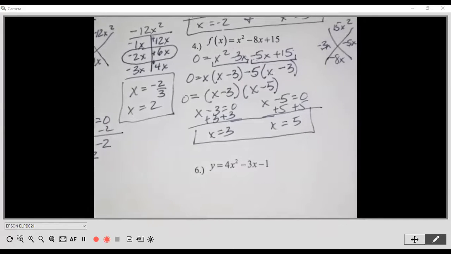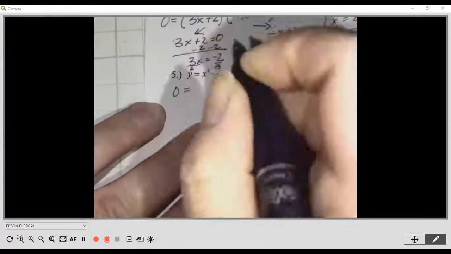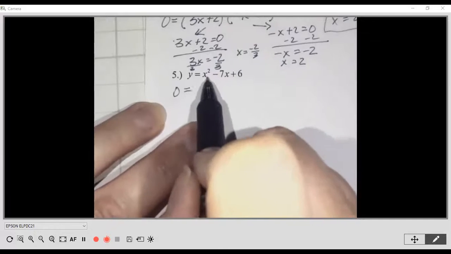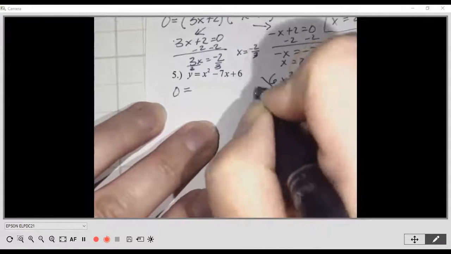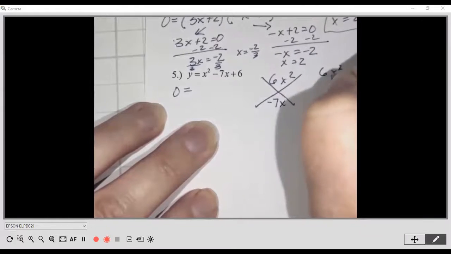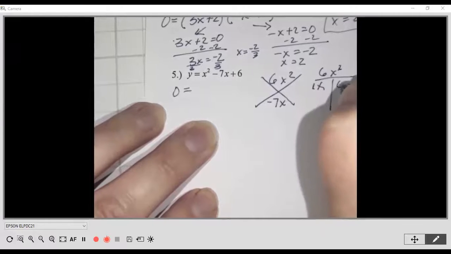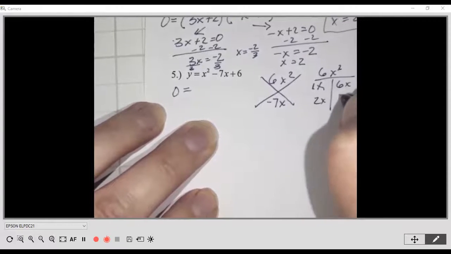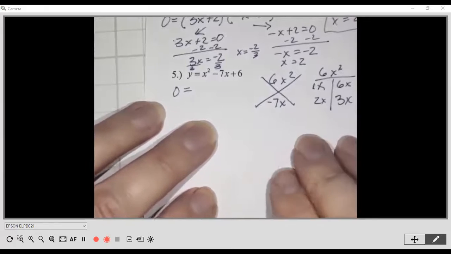Okay, number 5. 0 equals a times c gives us 6x squared. My middle term is -7x. So my factors are 1x and 6x, 2x and 3x.